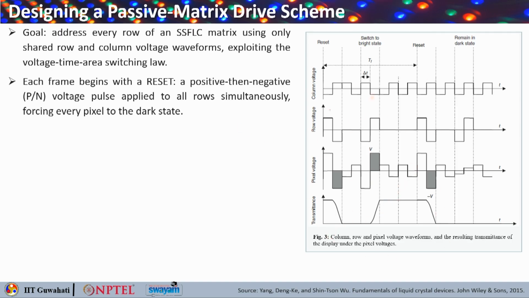Here you can see the column voltage, the row voltage, the pixel voltage, and also the resultant transmittance. So you basically start with a reset, and this is where a positive and then a negative voltage is applied across all rows simultaneously. So this is how the row voltage is changing.